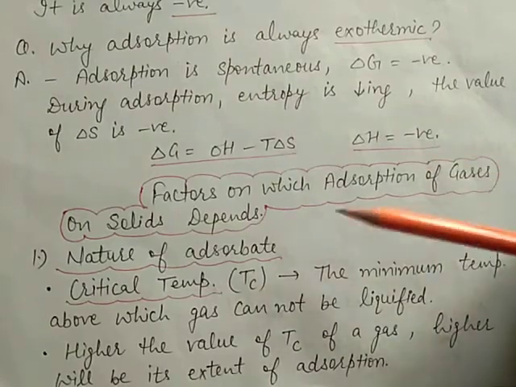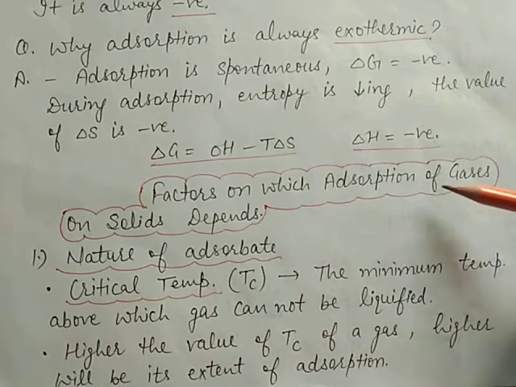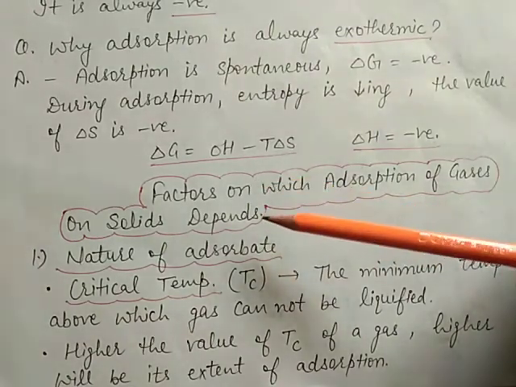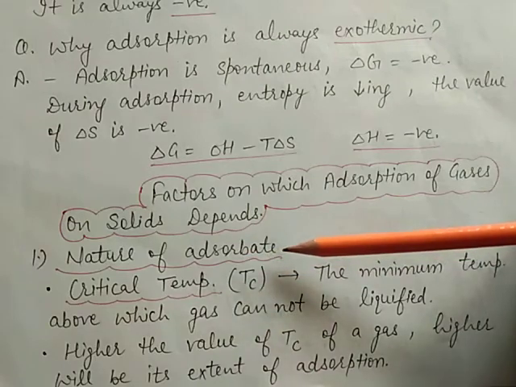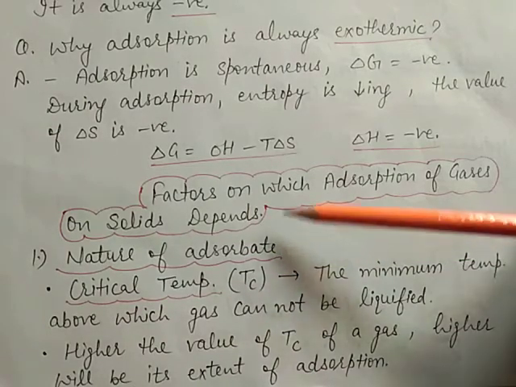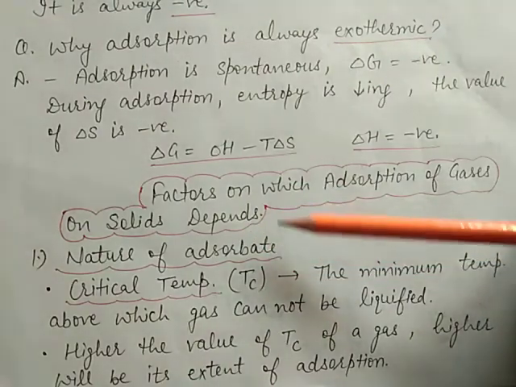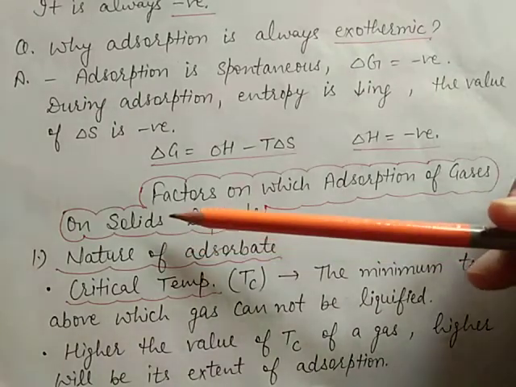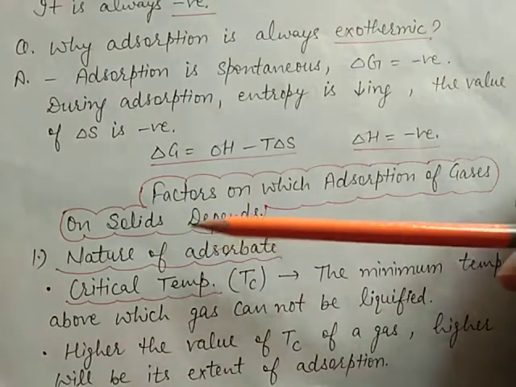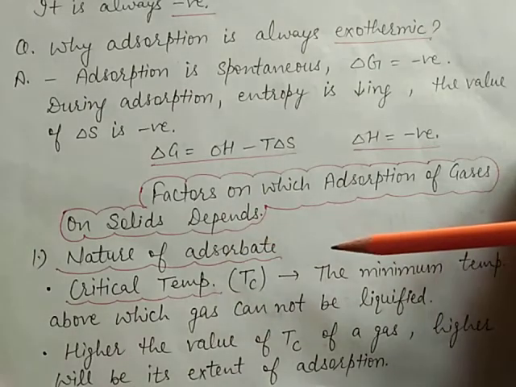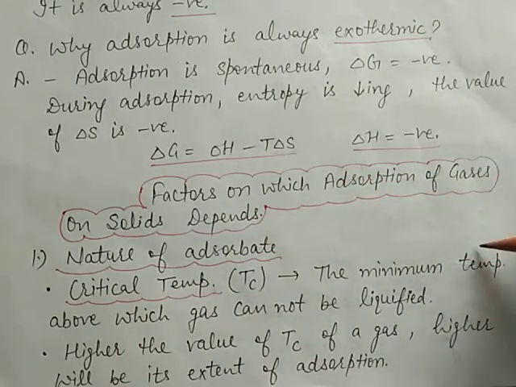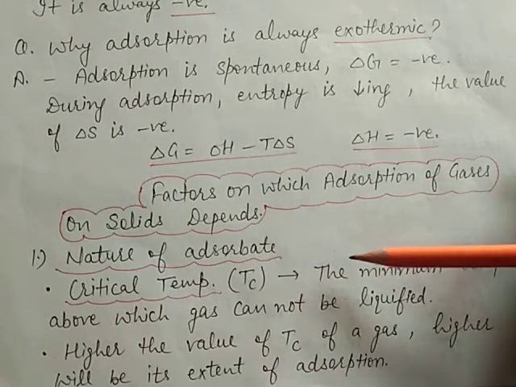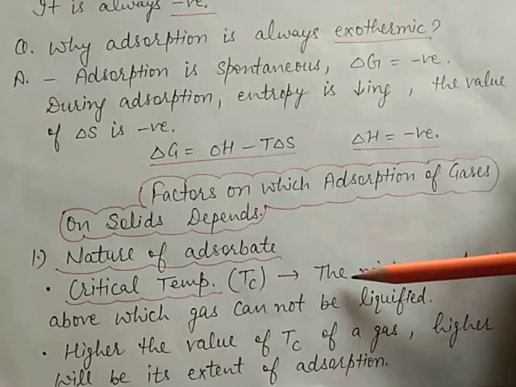Now, what are the factors on which the adsorption of gases on a solid depends? The first factor is the nature of the adsorbate. Here the adsorbate is gas and the adsorbent is solid. The first is critical temperature. It is the minimum temperature above which the gas cannot be liquefied under high pressure.